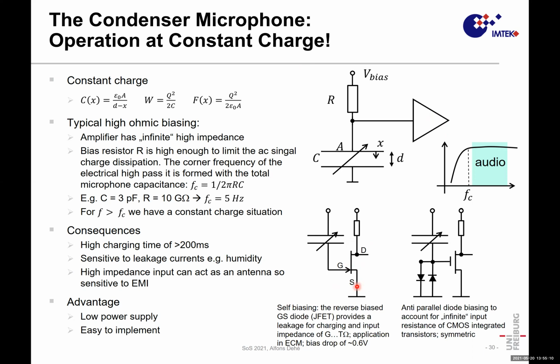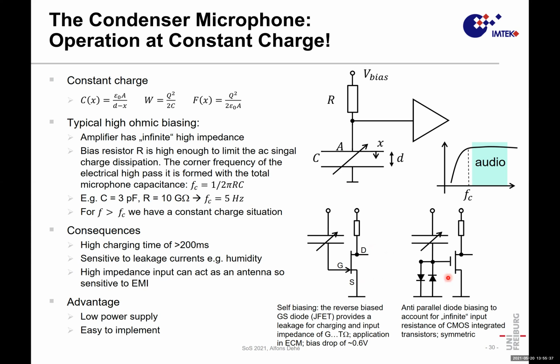The gate source diode has, in this situation, reverse biasing, but this diode always has a leakage, and the leakage is basically representing this high ohmic resistance. So you charge your device via this leakage path of the transistor, and then you can transfer the signal. This is basically used also in the electret devices.